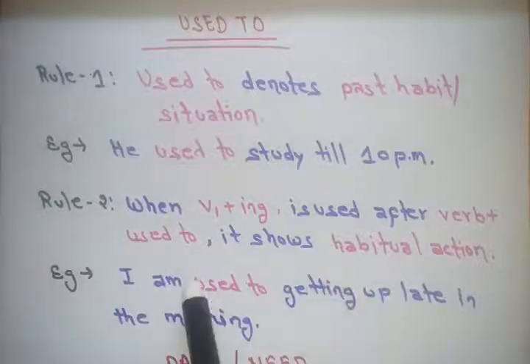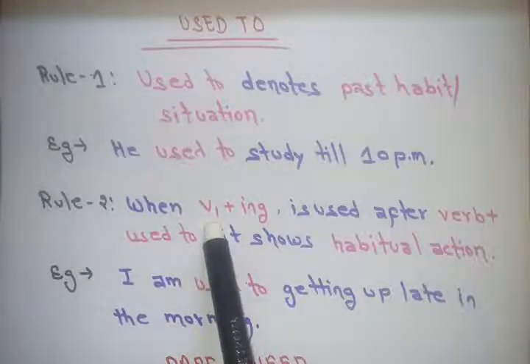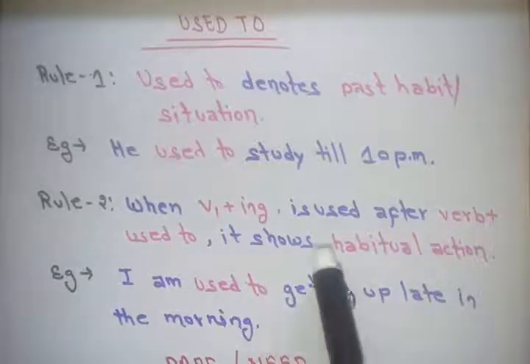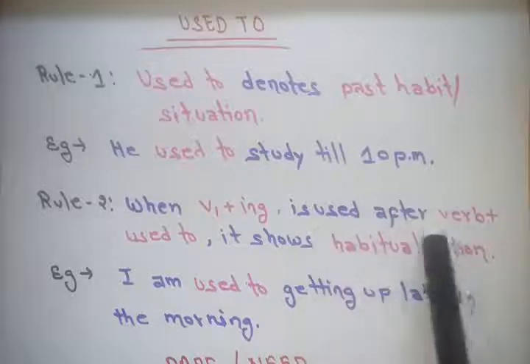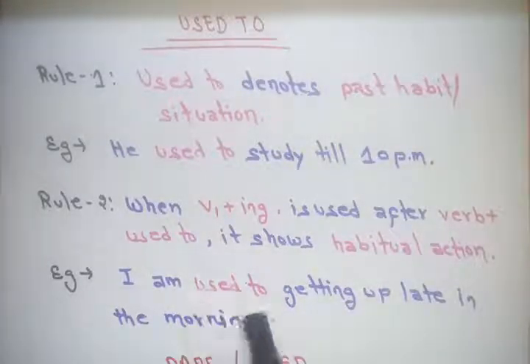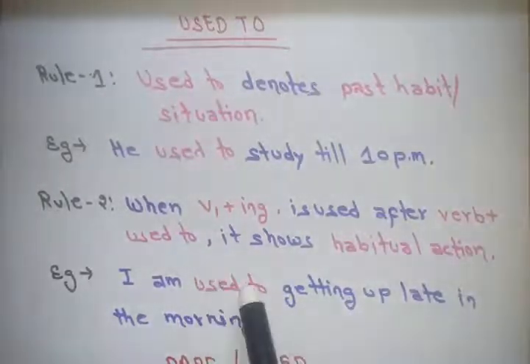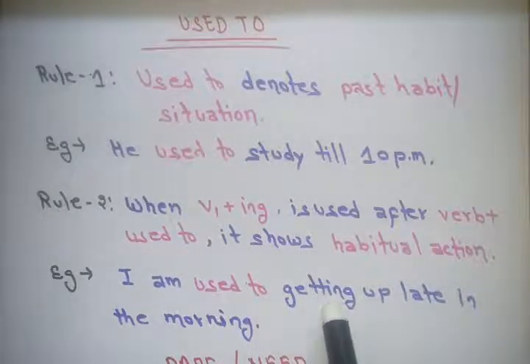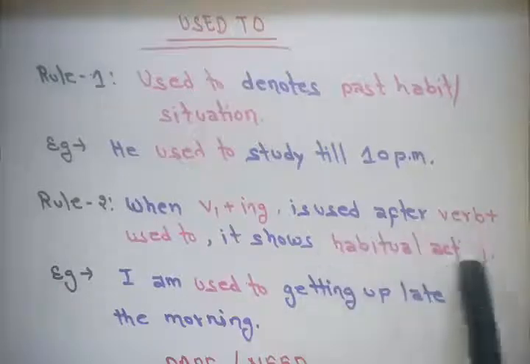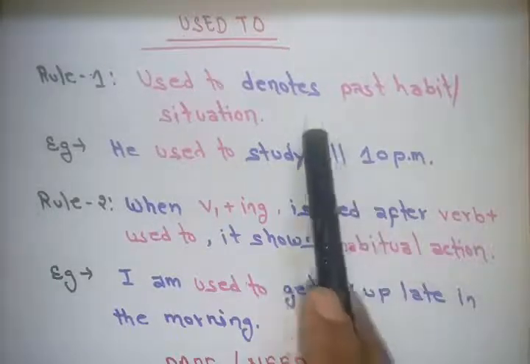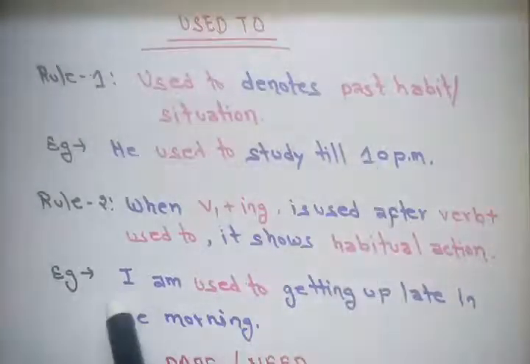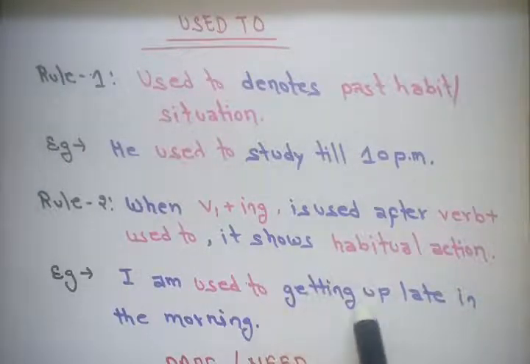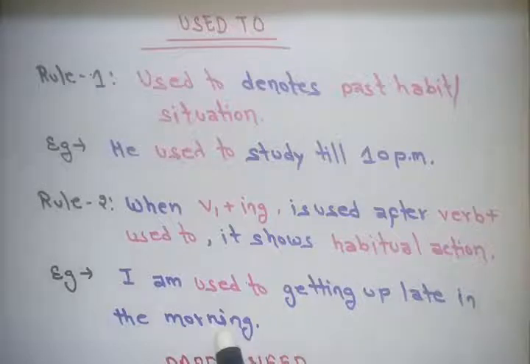So here, after used to, verb first form plus ing is used. So it shows the habitual action, not the past habit. So we can say, I am used to getting up late in the morning.